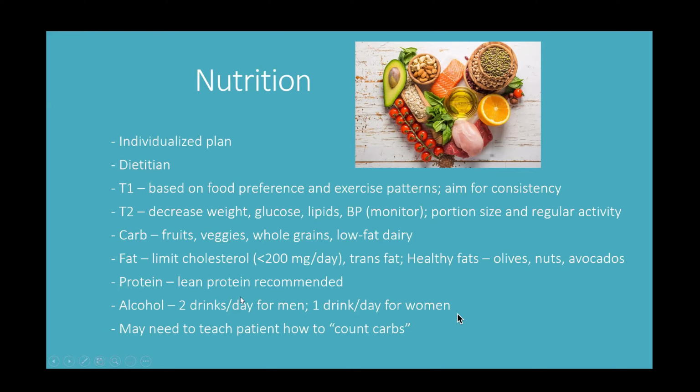Alcohol actually will interfere with the breakdown of glucagon to glucose, which can cause hypoglycemia. So if the body is not able to produce glucose, but we're providing insulin, or the body is providing insulin, then we can definitely see hypoglycemia. So alcohol we want to limit for all patients with diabetes type 1 or type 2. Two drinks per day for men, one drink per day for women is good moderation.